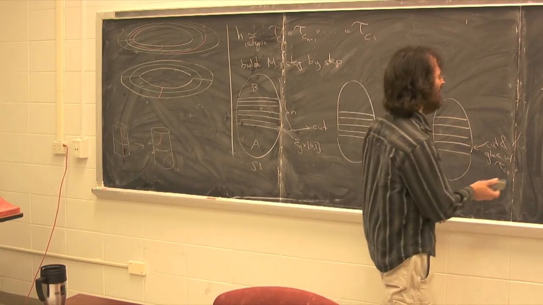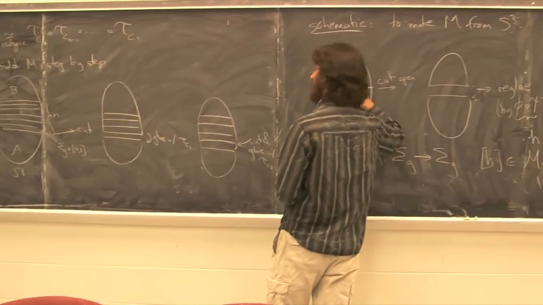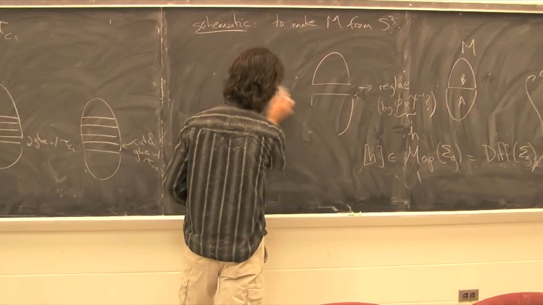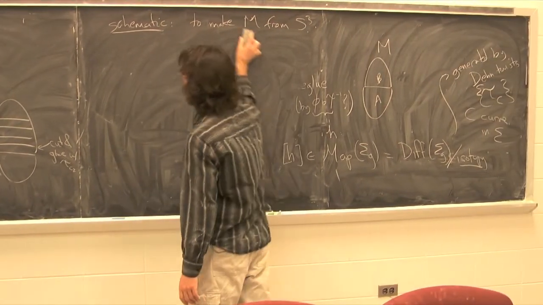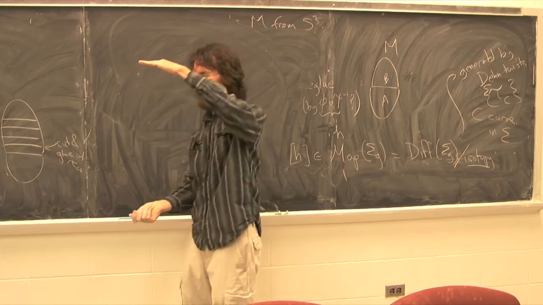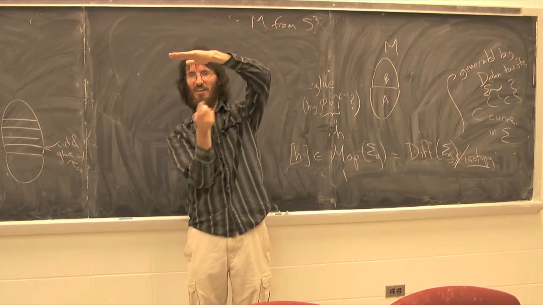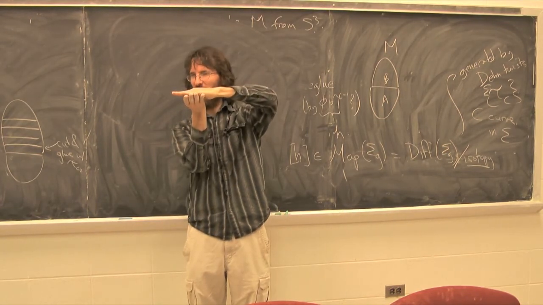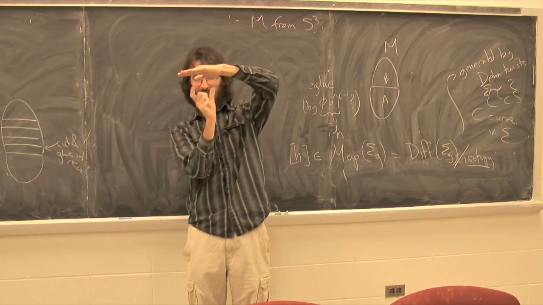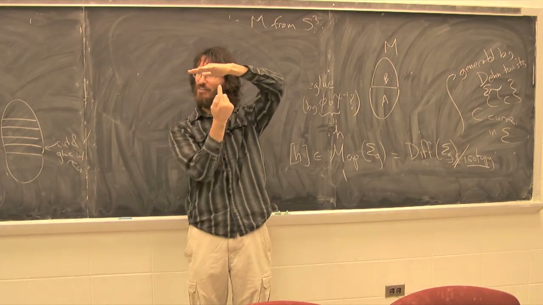Now I finally have time. Next time I'm going to show you that cutting open a 3-manifold along a surface, with a curve in the surface, and then re-gluing by a Dehn twist along that curve, is something that happens just in the neighborhood of that curve.